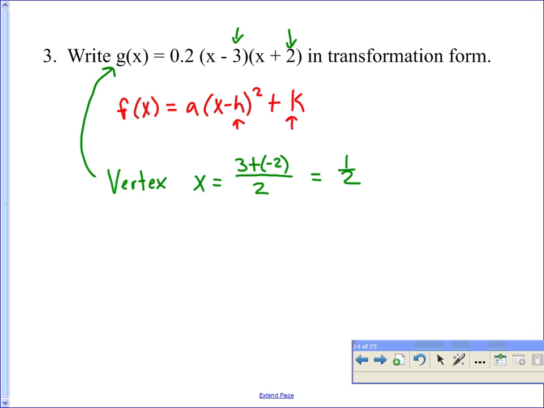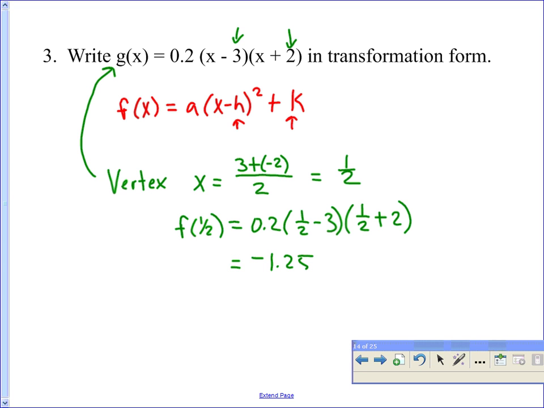Okay, so that's the x-coordinate of my vertex. Now if I find f of 1/2, then that's going to give me my y-coordinate. Okay, simplify this, and I get -1.25. So that means that the vertex is going to be the point (1/2, -1.25).